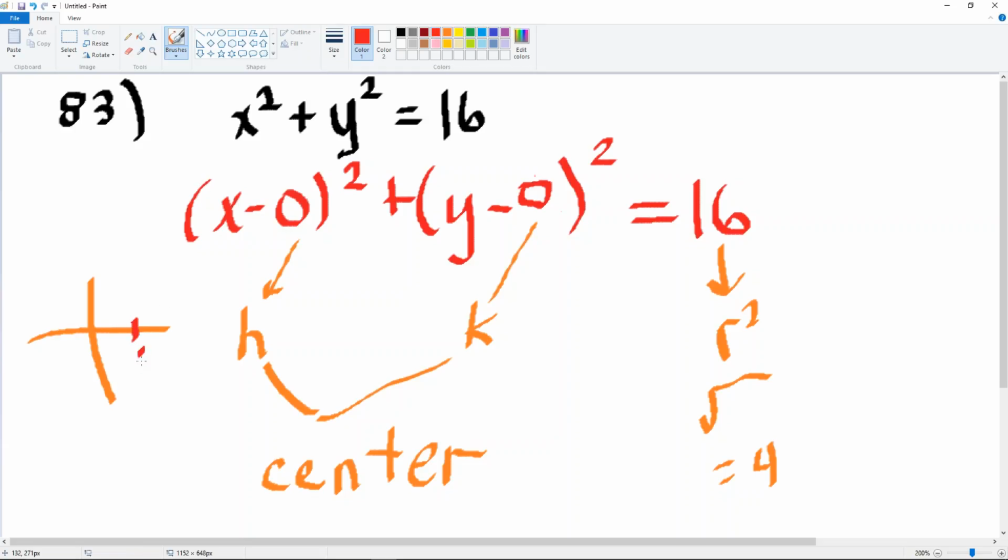I'm just going to take the shortcut here because I'm running out of space and do 1 hash mark. So there goes my circle.